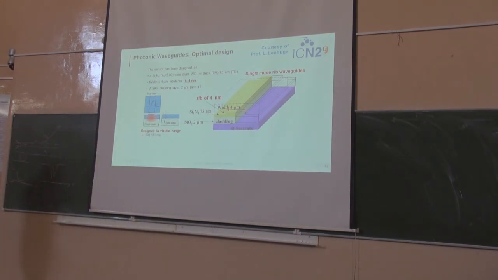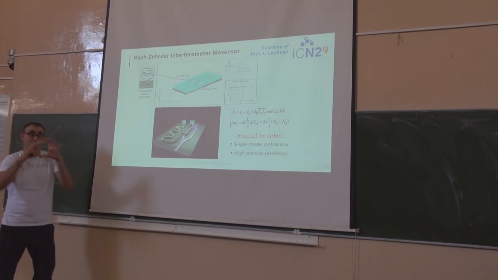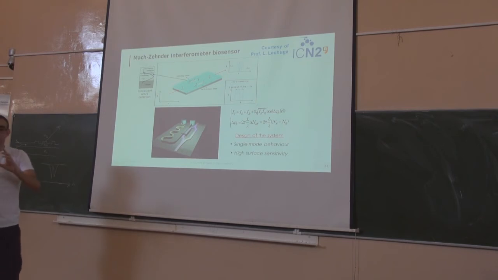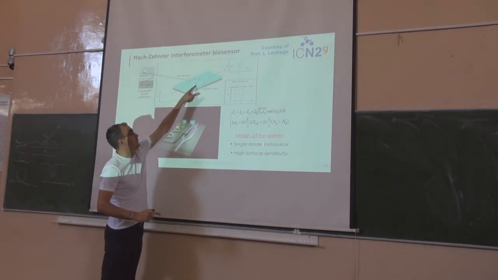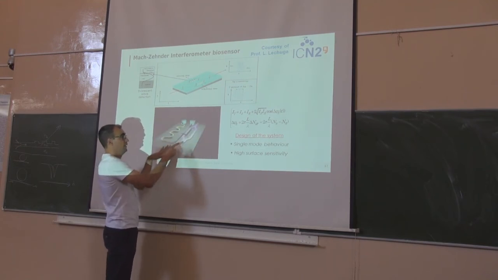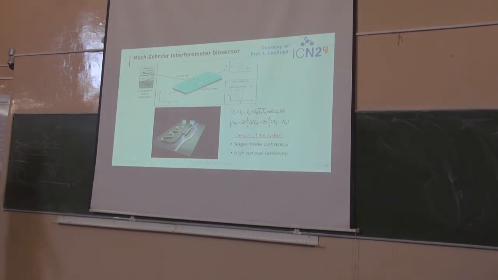Okay? And this optimization also has some issues, because when you optimize for evanescent field, then when you make a turn on your waveguide, everything is lost. So it's a compromise between the bends that you make here, because you need to make bends, okay, to separate these two parts away, the sensing and the single mode condition. So there's a trade-off there.